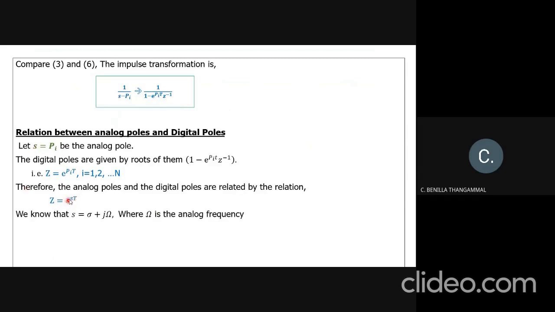So I can write your s plane as sigma plus j omega, where omega is nothing but your analog frequency, and e power a plus b can be written as e power a into e power b. Now, z plane can be written as R into e power j omega, where R is nothing but your real part and this omega is nothing but your digital frequency.